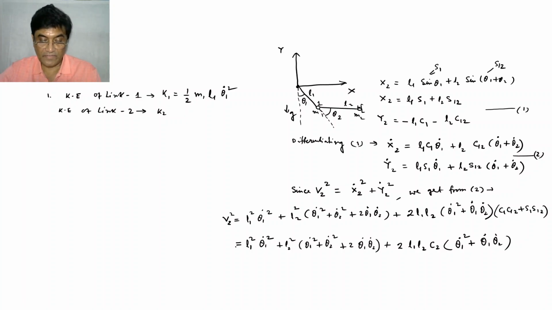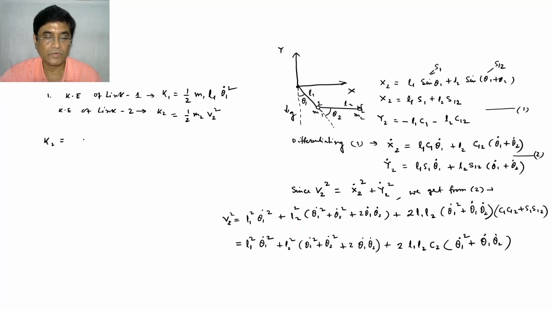So once we have the v2 velocity, then the kinetic energy of this link, K2, will be equal to half m2 v2 square.